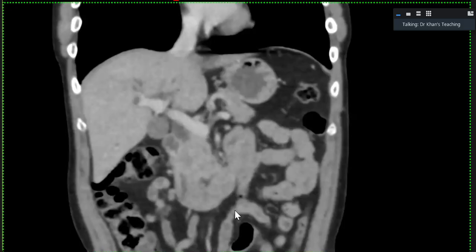Okay, candidate 3. So I wanted to show you this stent. Okay. Thank you, candidate 4. Let me make candidate 4 a co-host.